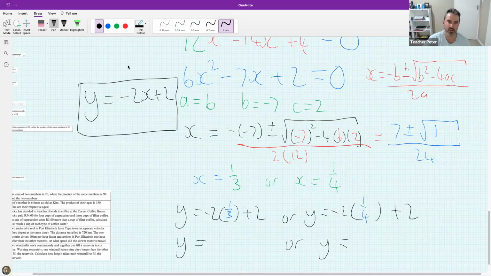I agree with you. So this is 4 over 3, or that is minus 2 of minus a half plus 2, so that gives you 3 over 2. Yep, I agree. So the two simultaneous answers are x is a third and y is 4 over 3, or x is a quarter and y is 3 over 2.